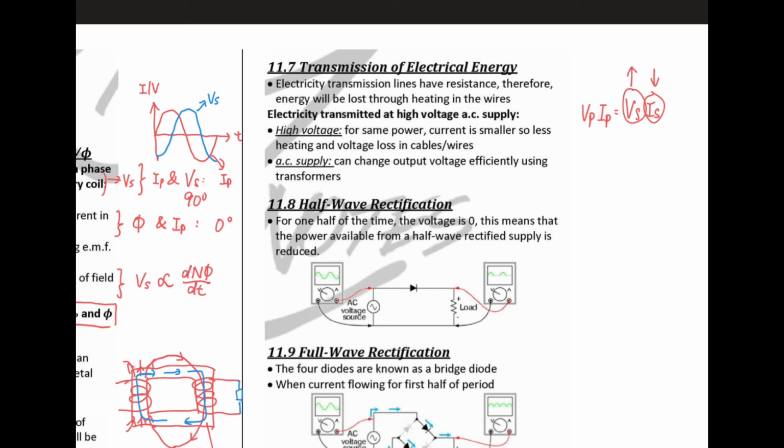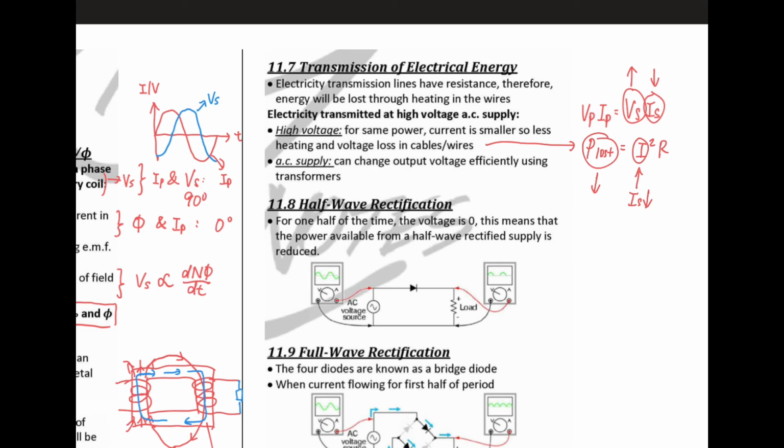We know that power loss is I squared R, due to the resistance in the cable or the wires. Since I is small, the power loss is small also. That is why we need to use high voltage, so that the current is decreased, and then the power loss is decreased also.